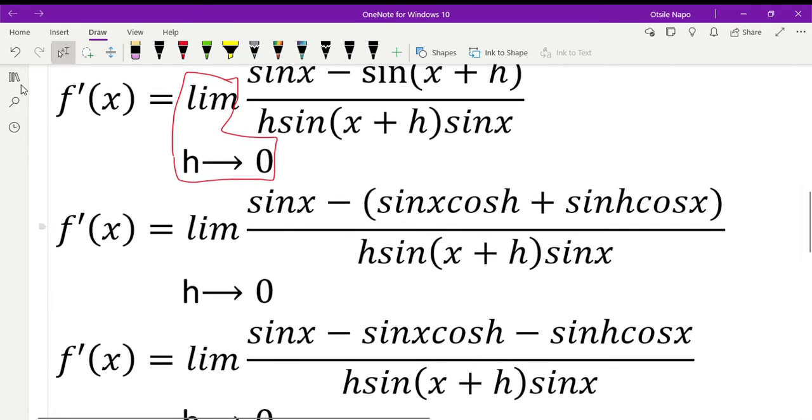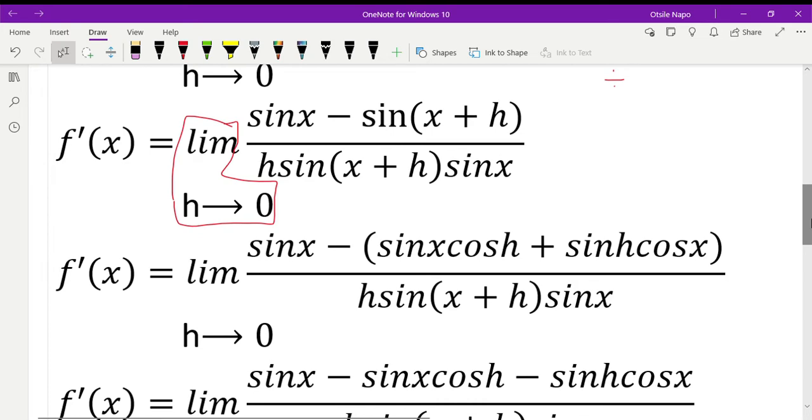Then on this step, you actually find what is sine of x plus h. We have a special formula for sine of x plus h.